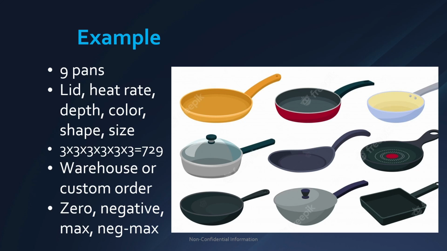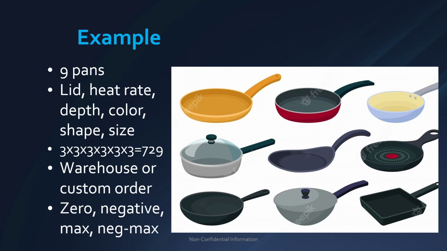Okay, what about a maximum? Is the pan allowed to be 1,000 miles tall? I don't know. Probably not. I think we should have some limit and say that maybe the maximum height of a pan could be 6 inches or so. Okay, what about the negative max? So what is the lowest possible value?